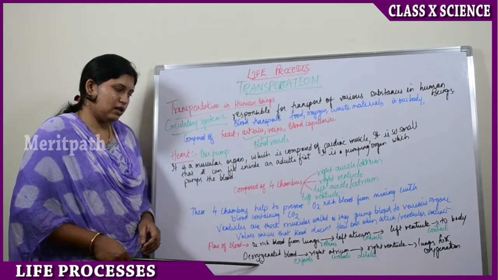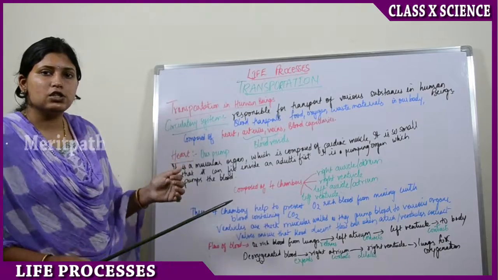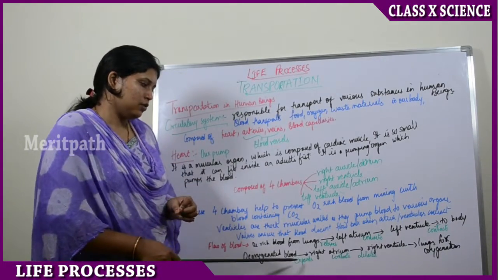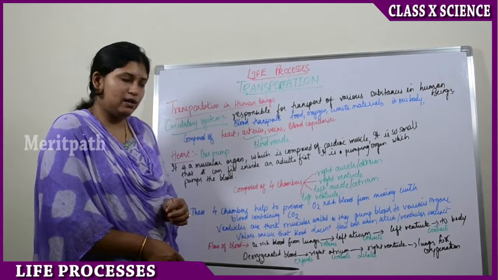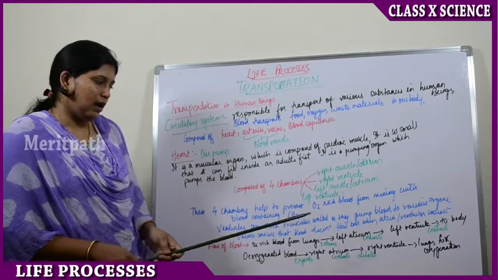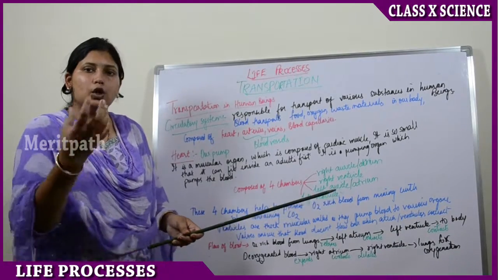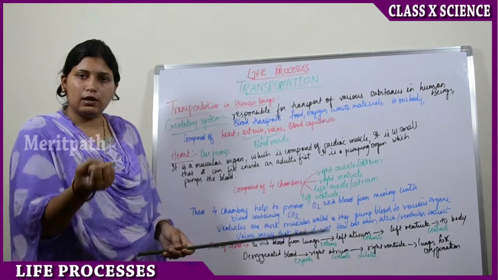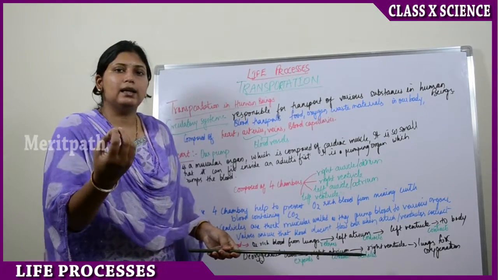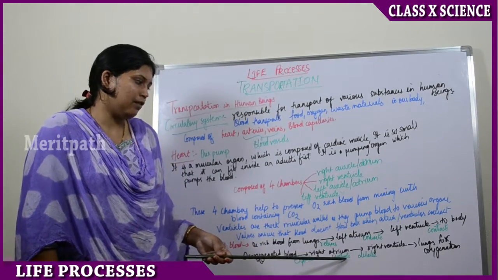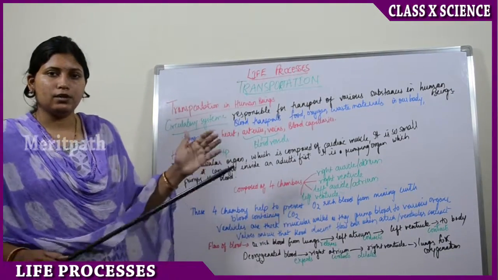Then deoxygenated blood. Deoxygenated blood from the body comes to the right atrium. This right atrium expands and receives the deoxygenated blood, and after it is filled with blood, it contracts. Then the right ventricle dilates and receives this blood from the right atrium.